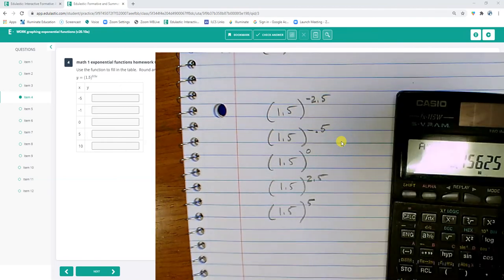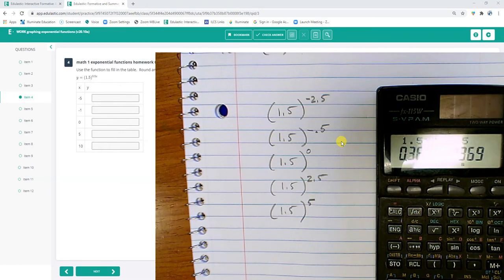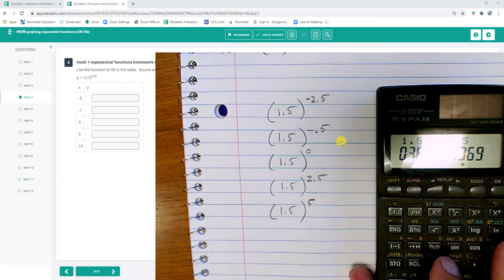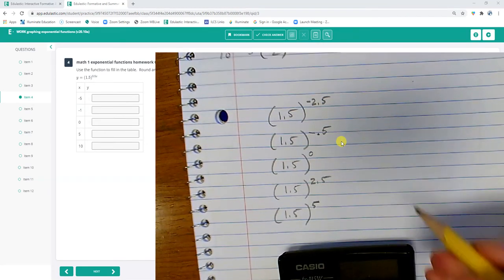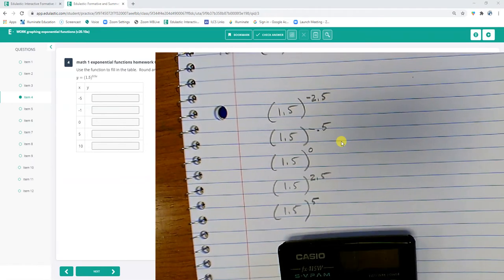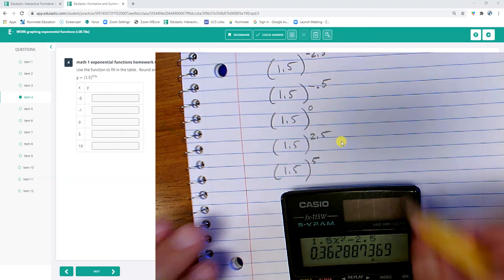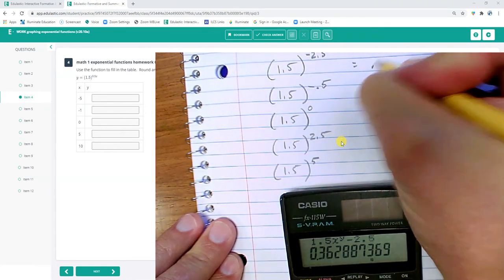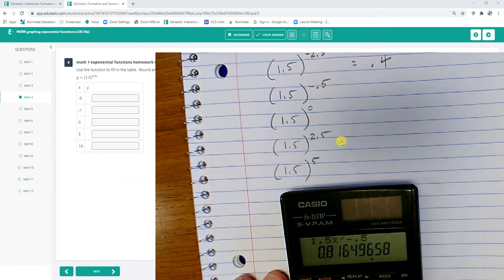Now I'll use my calculator. 1.5 raised to the negative 2.5, what's that? I can't see what I'm doing. So 0.4. 1.5 raised to the negative 0.5, 0.8.